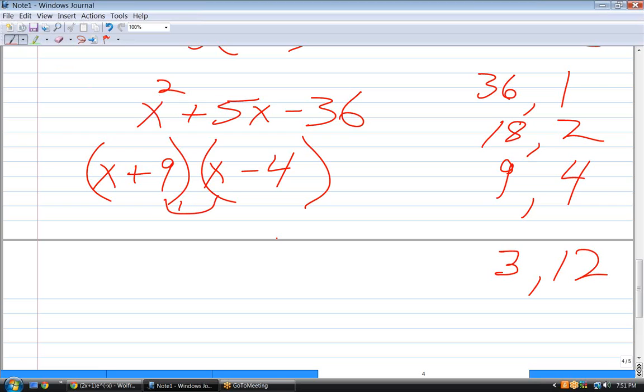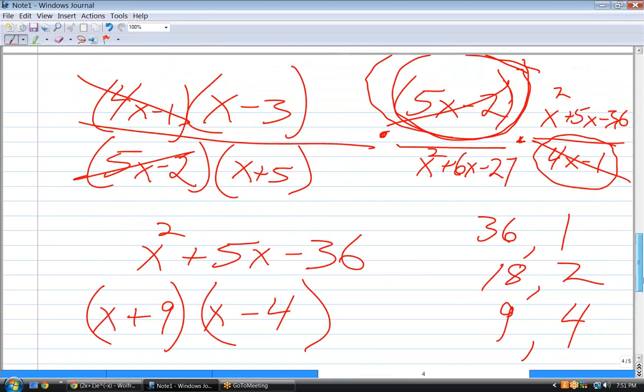Well, that's plus 9x. That's minus 4x. Gives us 5x, correct middle term. We factored it properly. We can replace that right-hand numerator with these two factors, x plus 9 and x minus 4.